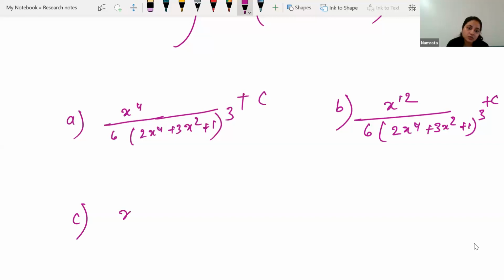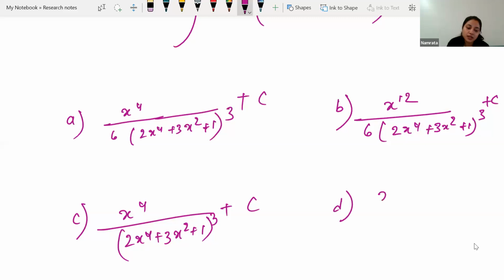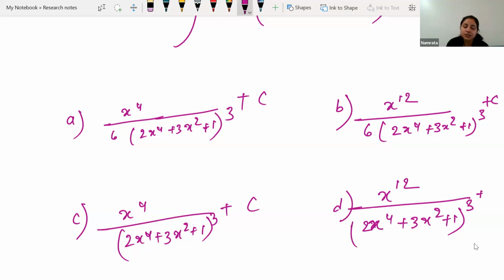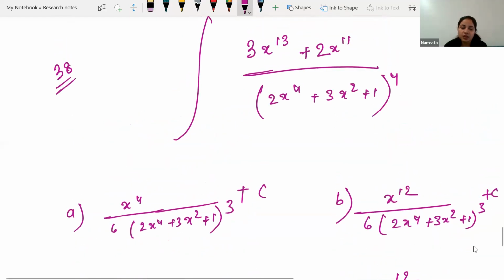Option C is x to the power 4 over (2x to the power 4 plus 3x square plus 1) whole cube plus c. And option D is x to the power 12 over (2x to the power 4 plus 3x square plus 1) whole cube plus c. These four options are there.